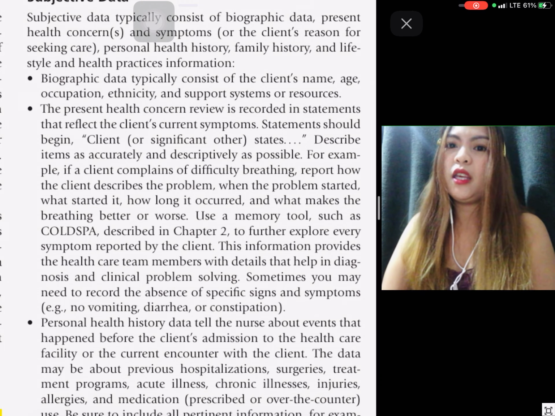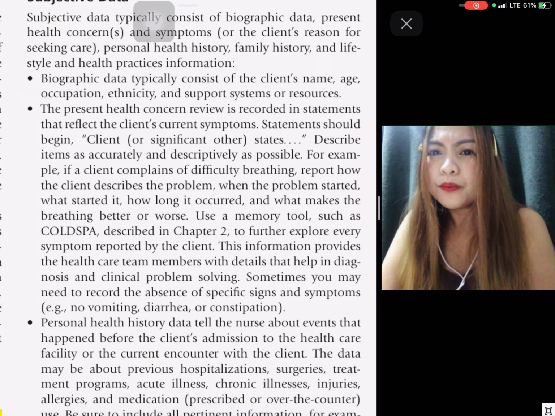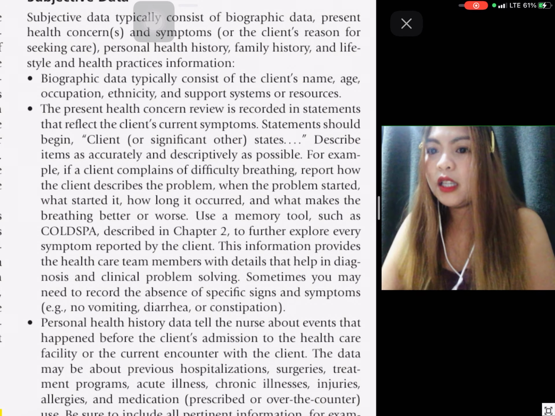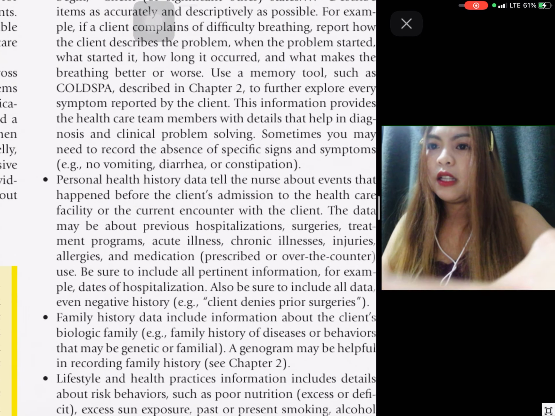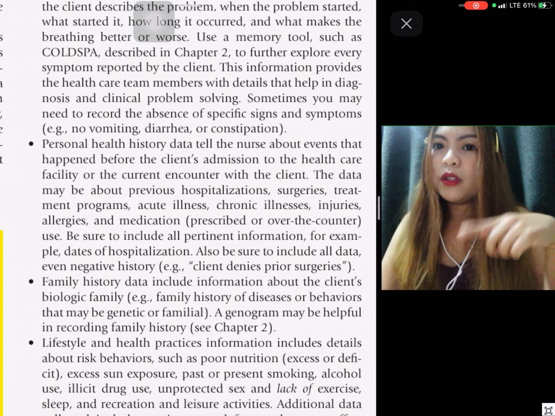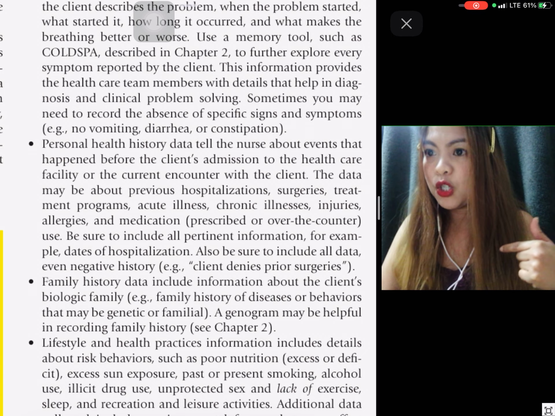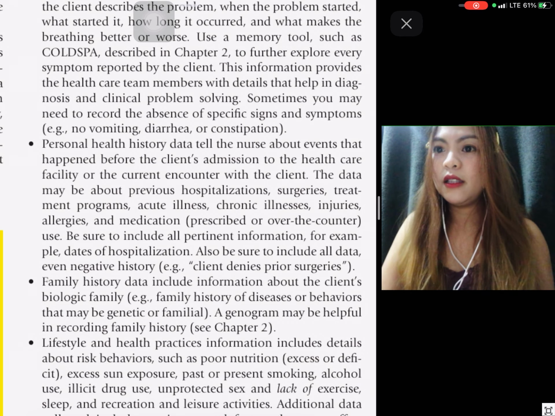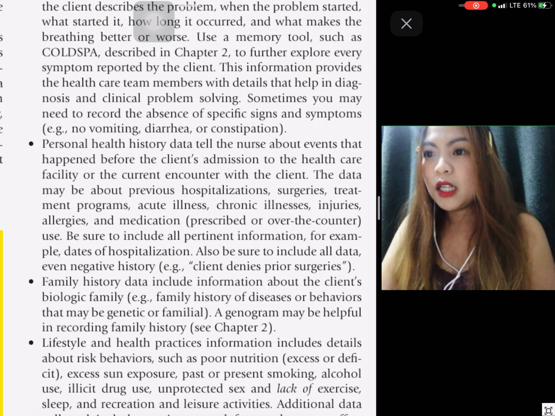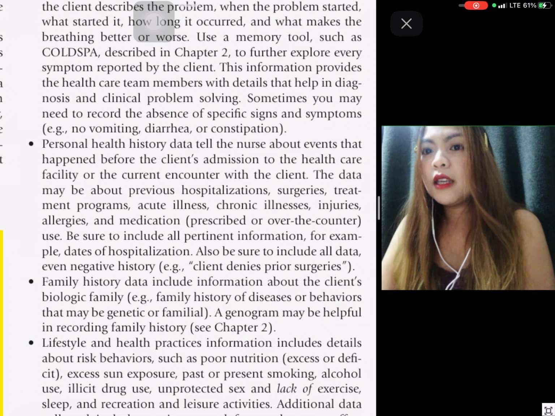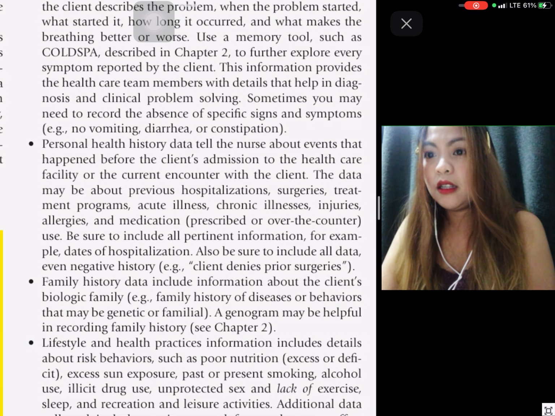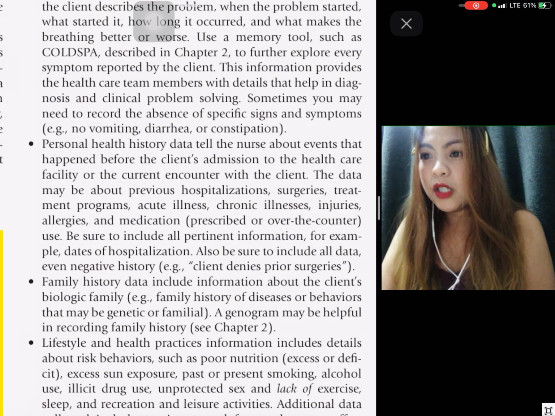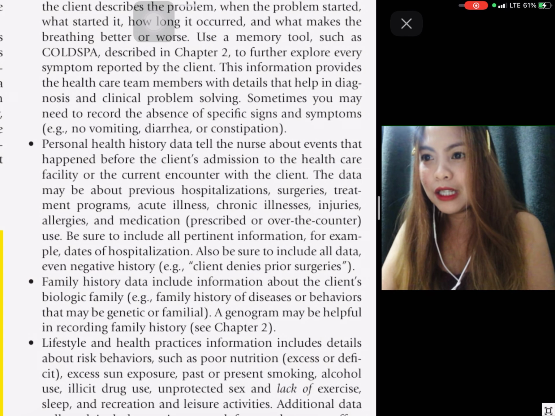And then personal health history. It tells the nurse about events that happened before the client's admission to the healthcare facility or the current encounter. Here we see the data we need to know, like previous surgeries, hospitalizations, treatment programs, acute illnesses, chronic illnesses, injuries, allergies, medications, and over-the-counter drugs.